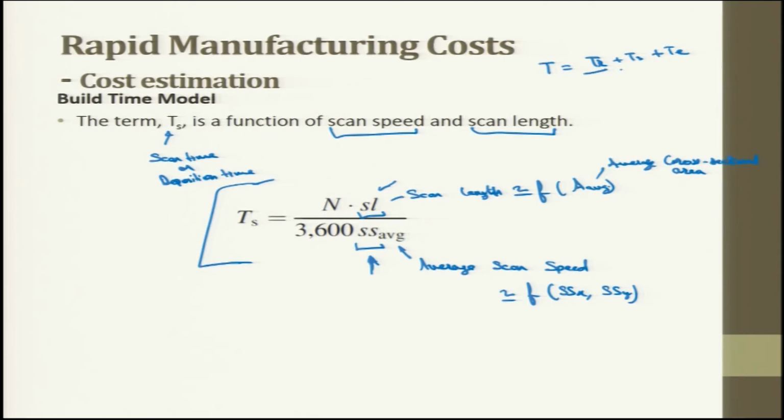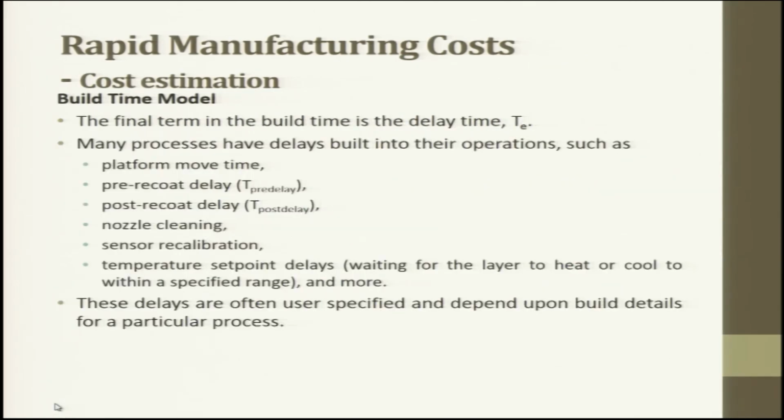So, we have determined what is TR, we have seen what is TS. 3600 is a factor that converts hours into seconds. This is that factor. Next we have the final term, that is TE, delay time.